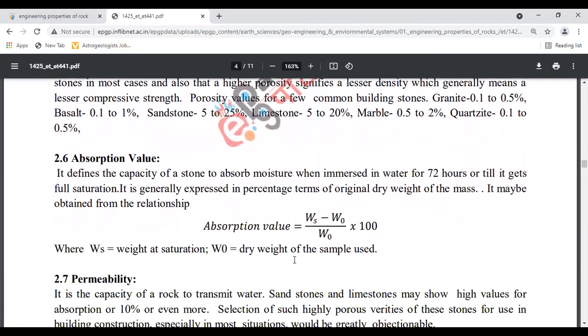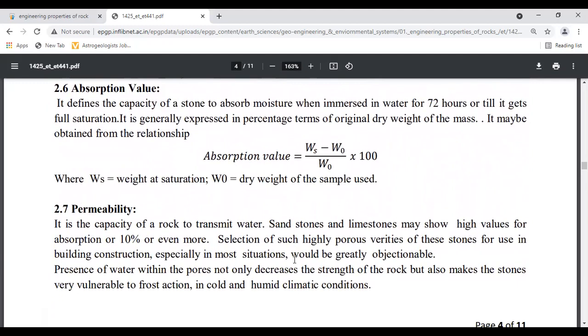The absorption value defines the capacity of a stone to absorb moisture when immersed in water for 72 hours or till it gets full saturation. It is generally expressed in percentage terms of the original dry weight of the mass.